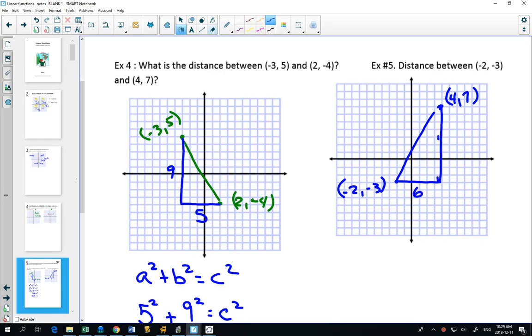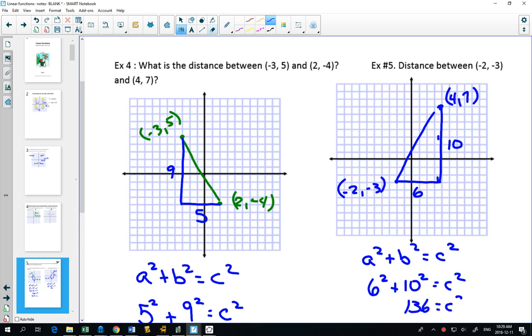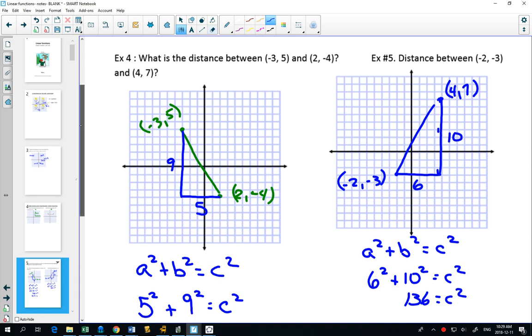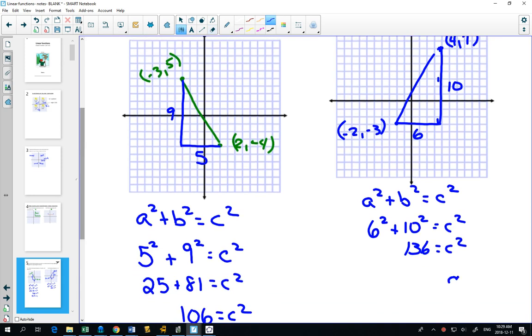This is a distance of 6. This is a distance of 10. And rounded to 1 decimal place, 11.7. How did you do?